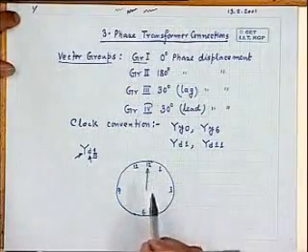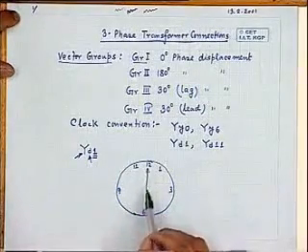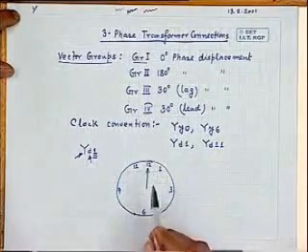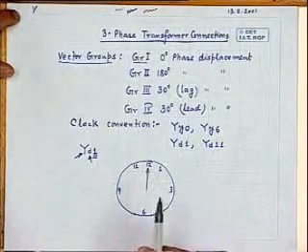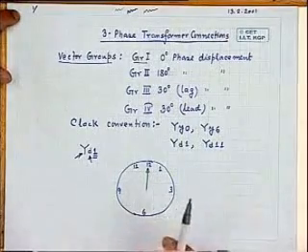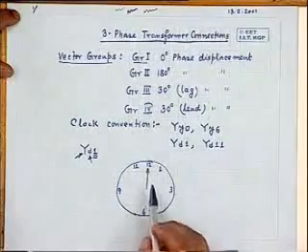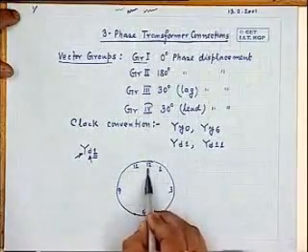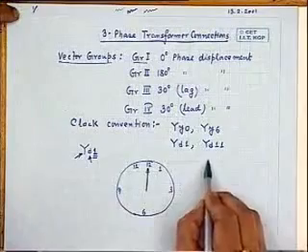So, the minute hand of the clock will represent the primary voltage with respect to neutral of a particular phase. We will always draw with respect to, say, a phase.